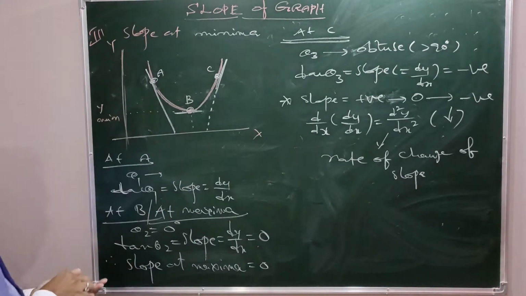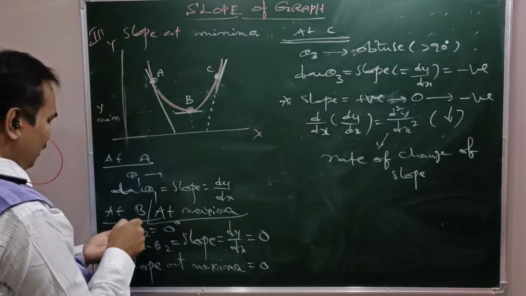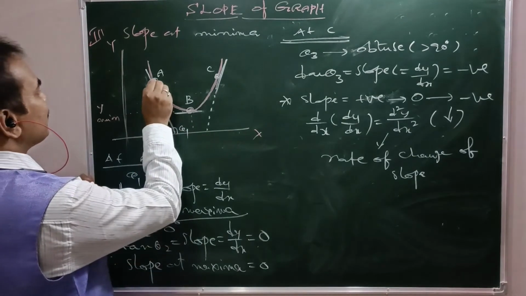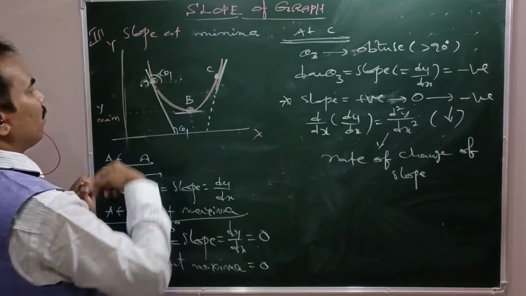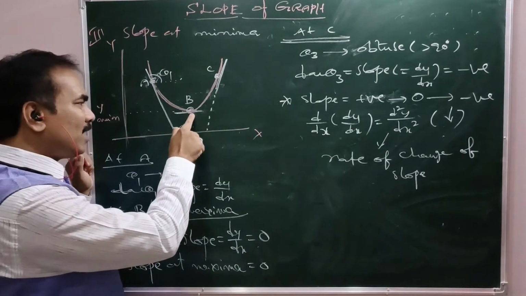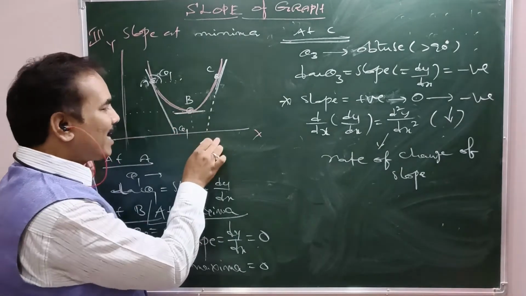Okay. Now what are the values here? The angle made by the tangent drawn at point A is theta 1. Of course, here also you can take theta 1. At point B, what is the angle made by the tangent drawn at point B? 0. Why? Because this tangent is parallel to the x-axis.